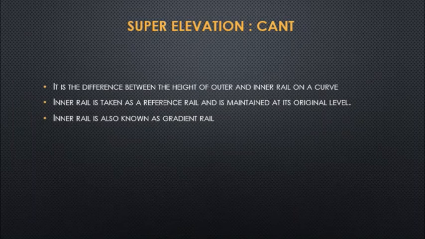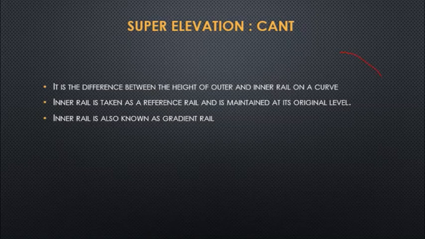What is super elevation? We all are familiar with this topic since the 8th standard, while we were discussing centripetal and centrifugal forces. It is the difference between the height of outer and inner rail on a curve.